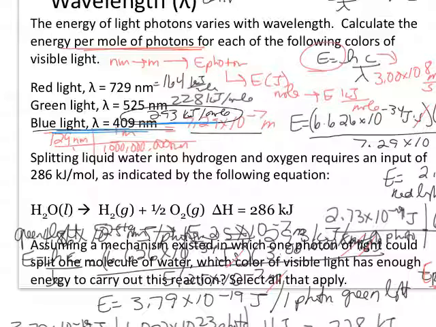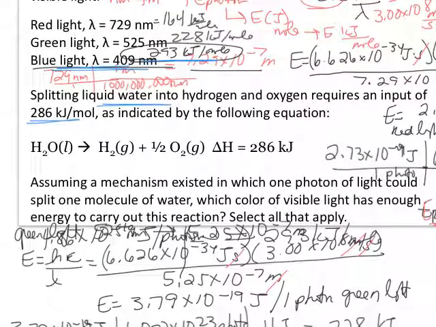So here it says splitting liquid water into hydrogen and oxygen requires an input of 286 kilojoules per mole. Assuming a mechanism existed in which one photon of light could split one molecule of water, which color of visible light has enough energy to carry out this reaction?